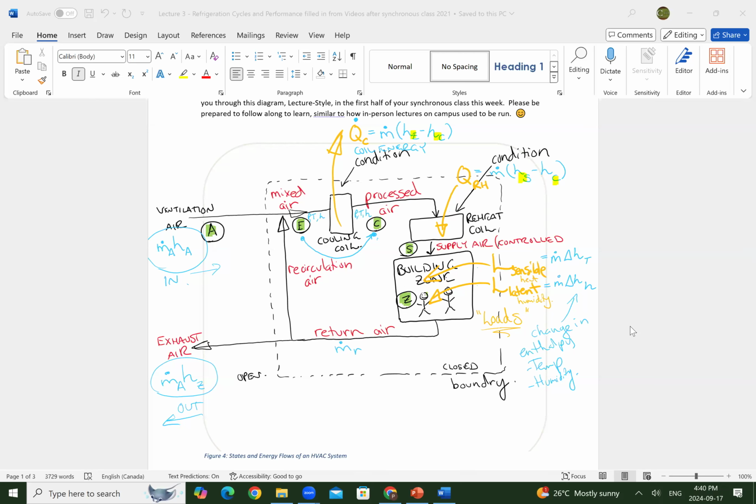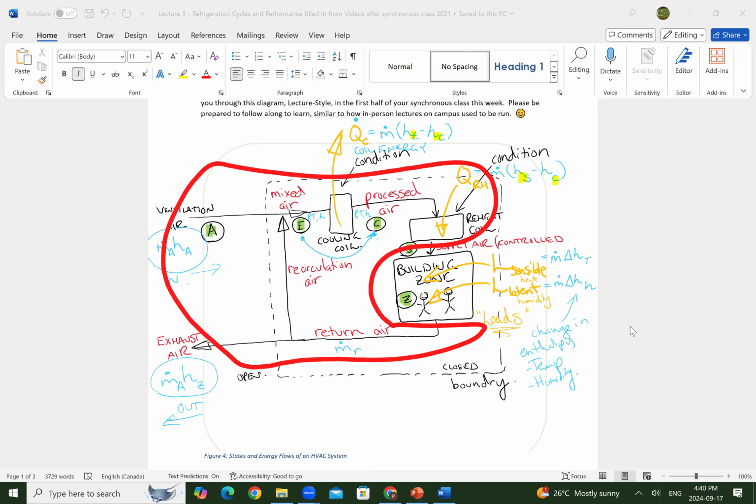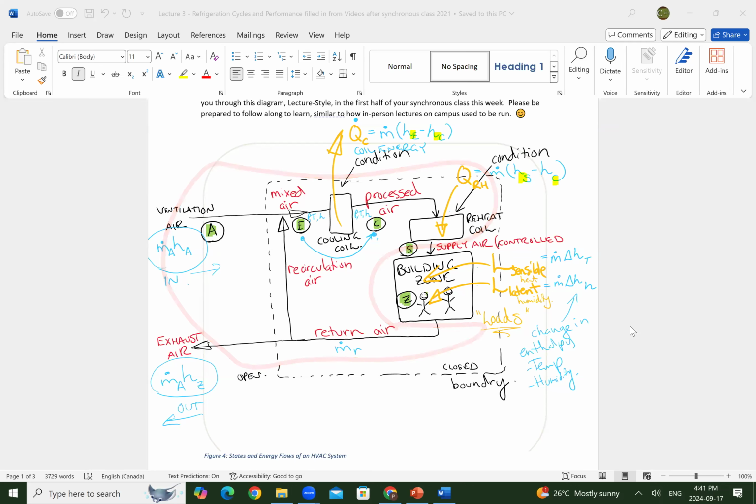But the rest of this facility is outside of the building zone. So all of this is inside our vents, our ductwork, our mechanical room. It has our chillers and our boilers and all of the rest of our HVAC system, our building controls, everything. Okay, so let me just summarize this.